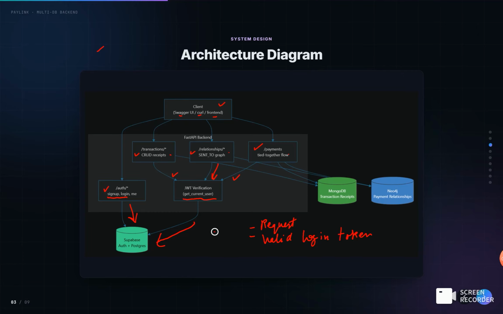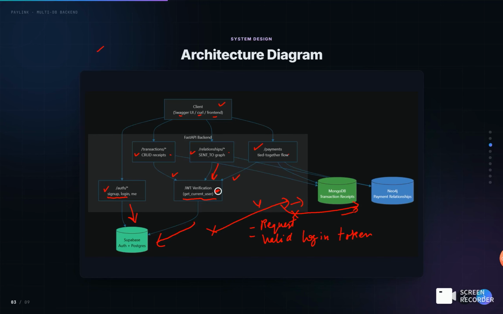If the answer is no, the request gets rejected right there. It never even reaches MongoDB and Neo4j. If the answer is yes, the request is allowed to continue.